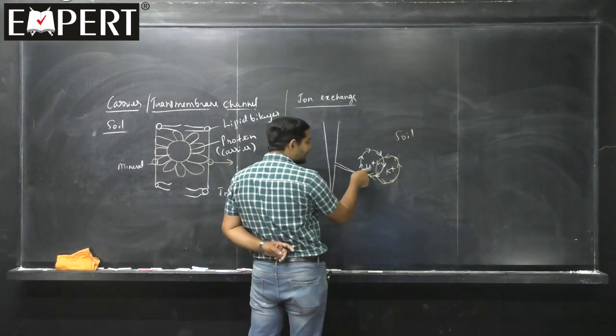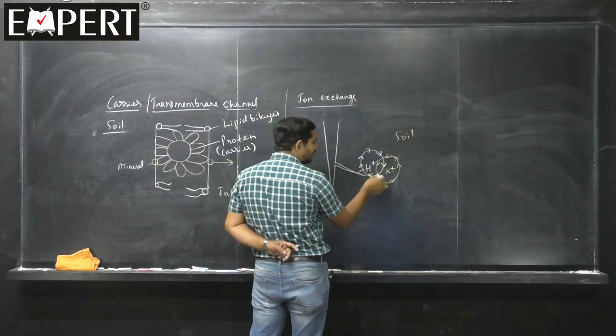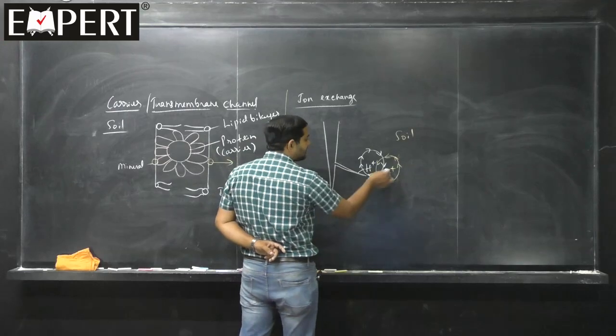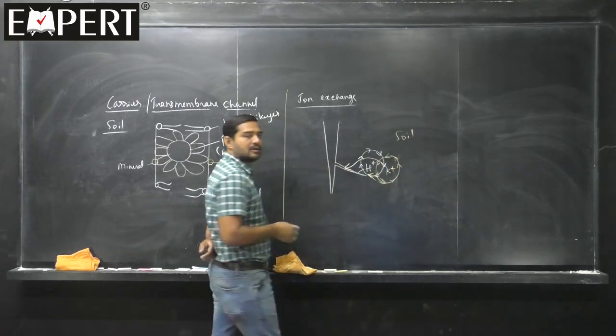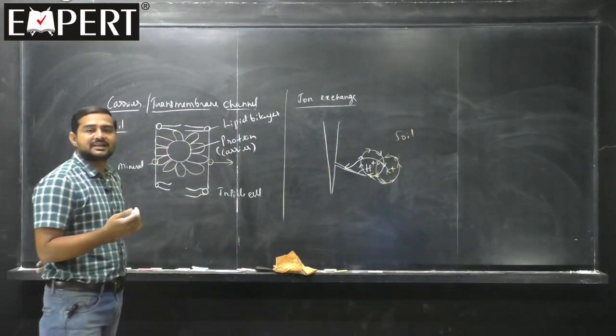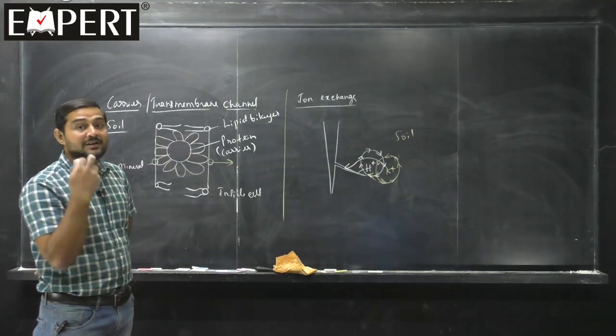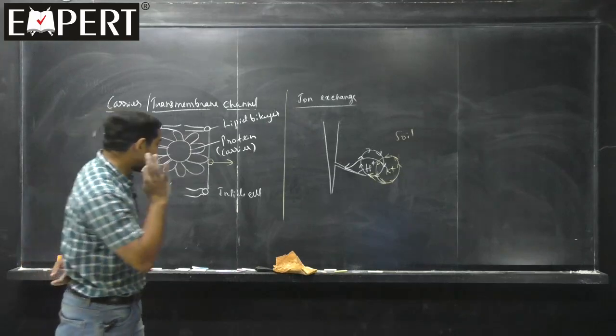Similarly, hydrogen starts oscillating in the pathway of potassium, and because of that, potassium gets into the root cell. That means potassium gets absorbed into the root cell. It's one of the methods of ion exchange absorption of minerals. Clear, right? Okay.